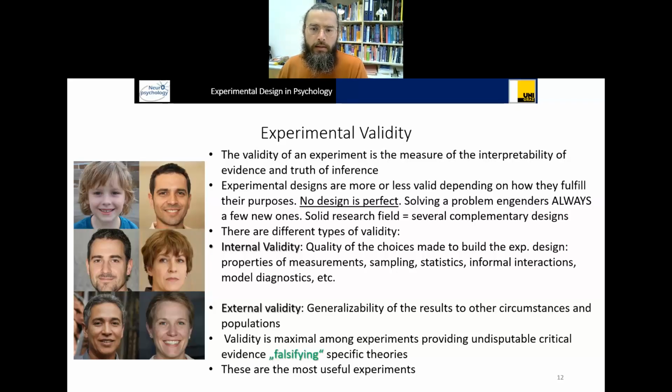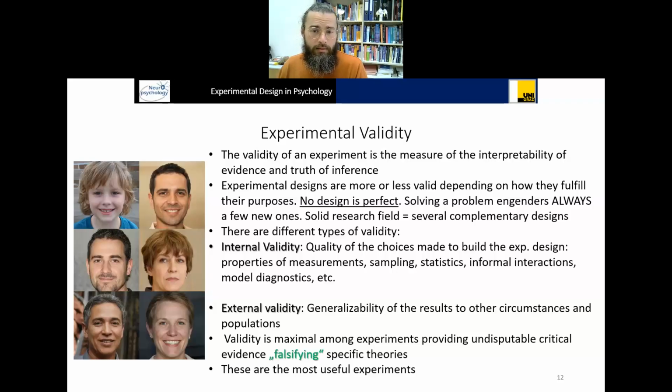is defined as the quality of the choices you make when you build your experimental design. And it involves properties of measurements. So are the measurements you're taking precise? Are the measurements you're taking representative of the theoretical constructs you want to address? It also involves questions of sampling.